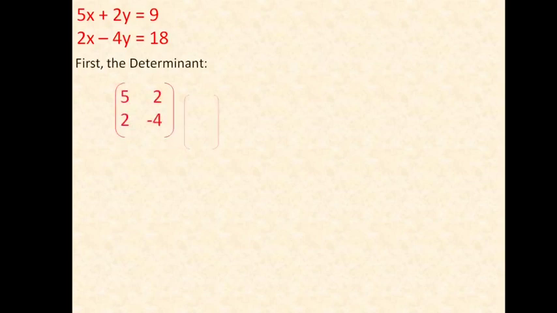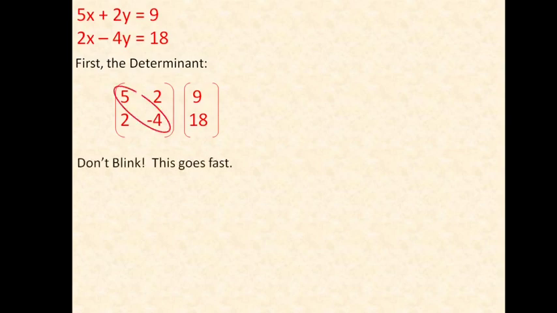For the determinant, all the coefficients from both the equations should be placed into a matrix as shown on your screen. Now it's time to solve the first matrix. This is the way to solve it.